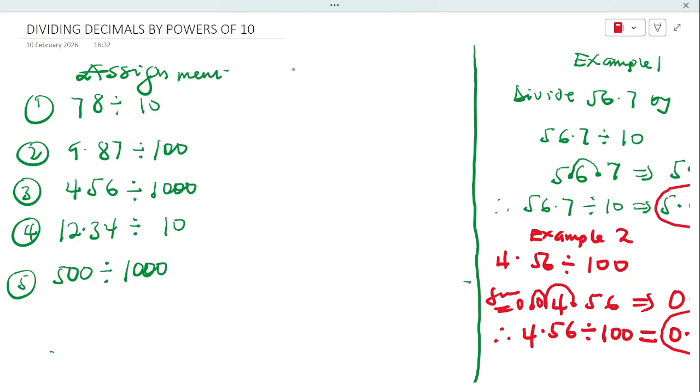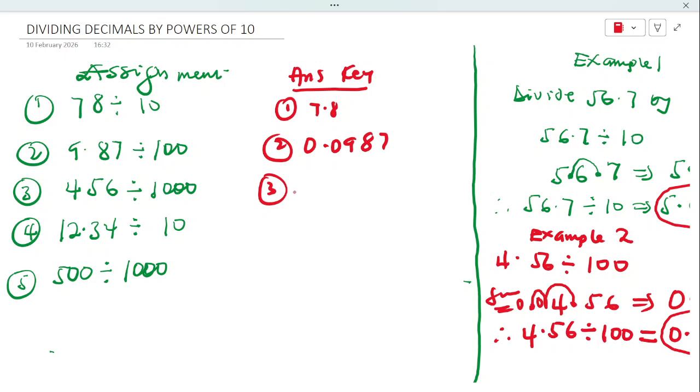The answer keys, we have 7.8 as number 1. Number 2, we have 0.0987.